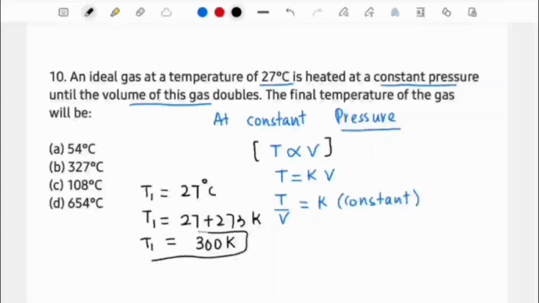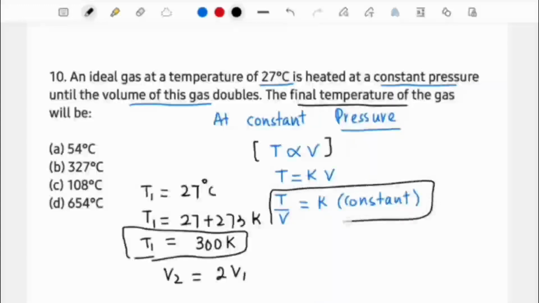So your temperature T1 is okay. Then we say कि volume of the gas जो है V2 is equal to 2 times V1. The volume of gas doubles, and we have to find out at what temperature that volume will double. As you know, T by V is constant, therefore from here we can say T1 by V1 will be equal to T2 by V2, and we have to find the value of final temperature, which is T2.